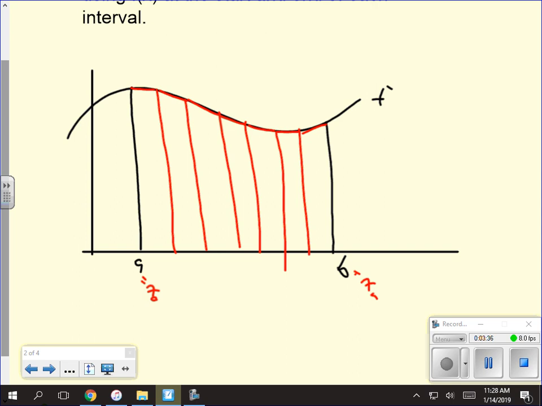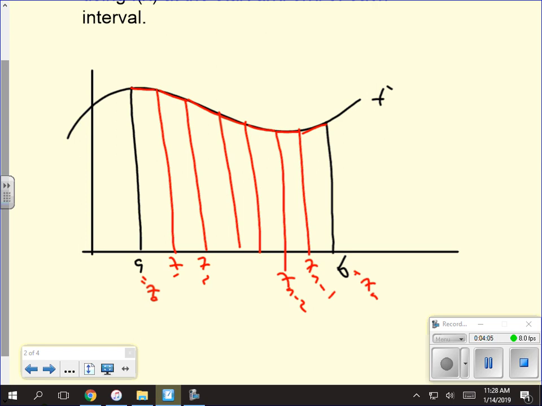If it's 100, it goes from 0 to 100. If it's 1,000, it goes from 0 to 1,000. Whatever n is, that's how many intervals we break the space up into. So we have x sub 0, x sub 1, x sub 2, etcetera, down to the end: x sub n minus 2, x sub n minus 1.